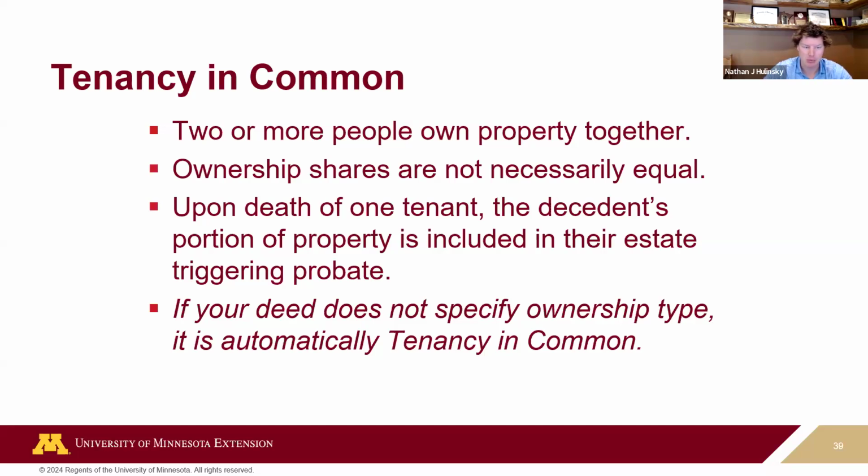So let's just say that my brother and I have some property in tenancy in common. My shares will then transfer to my wife or kids or whoever, and my brother's shares will stay his. So it's kind of a separate ownership of sorts, where it's distinguished how much of that property I own. If your deed does not specify ownership, it is automatically tenancy in common. That's kind of the default property ownership stake.